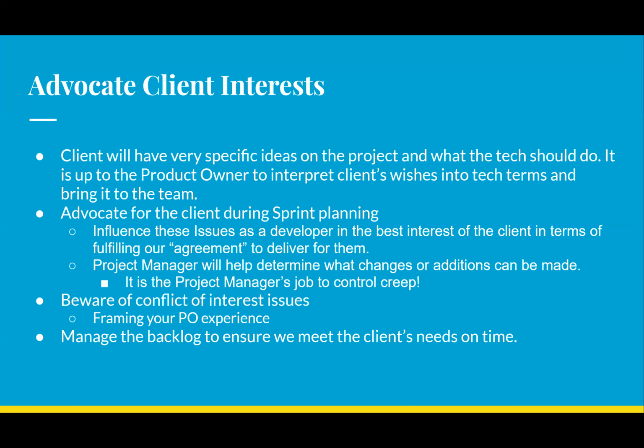It's really important for the product owner to make sure that the backlog is being prioritized in a way that ensures the client's interests are being met in terms of delivering on what we hope to deliver on, which is maybe MVP 1 or MVP 2, depending on where you come in on the project.